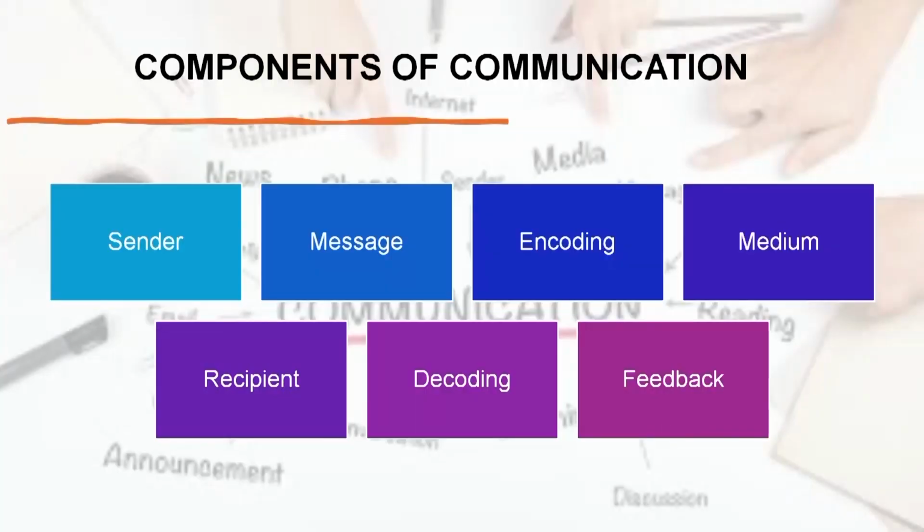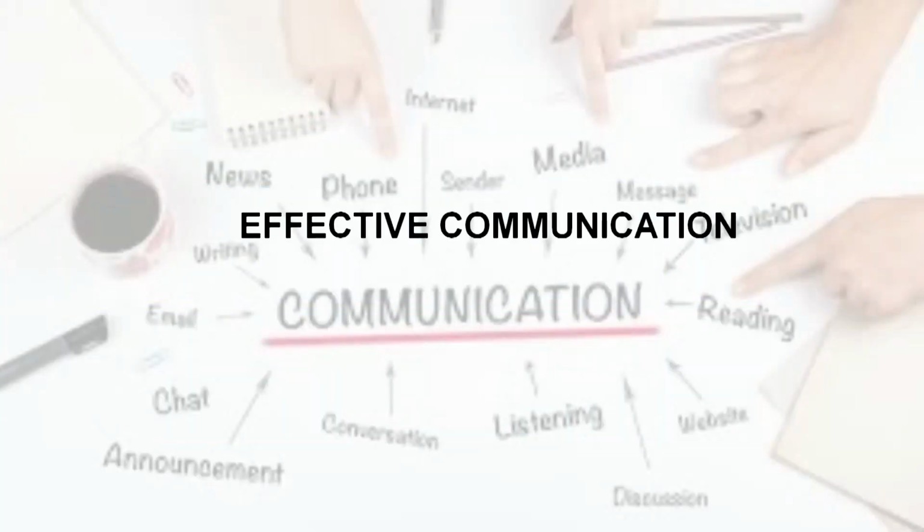The source should be able to encode the message properly and send it through proper media, and again the recipient has to transfer the message back through proper media. Anything which leads to a break in this leads to disruption in the communication, which may be a noise, it can be a technical barrier, and therefore it stops the effective communication.